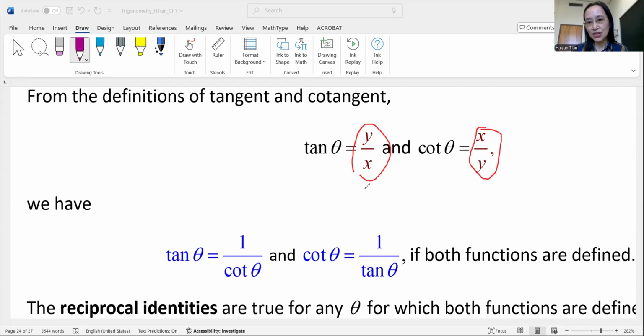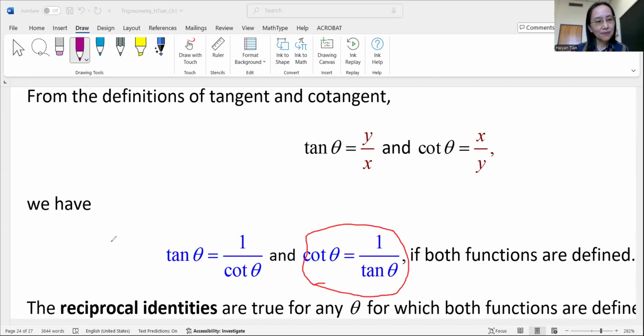And these two numbers are reciprocal as long as they are both defined. So immediately we have another reciprocal property: tangent is the reciprocal of cotangent, and on the other hand, cotangent is the reciprocal of tangent. So whenever you know tangent, you can find cotangent, and vice versa.